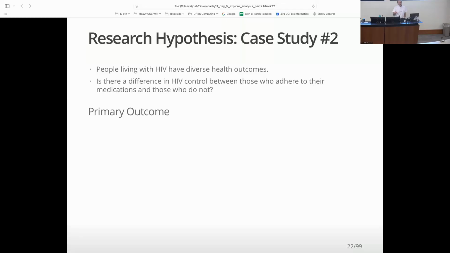So medication adherence is a possibility, but this gets into sort of complicated, tricky territory.